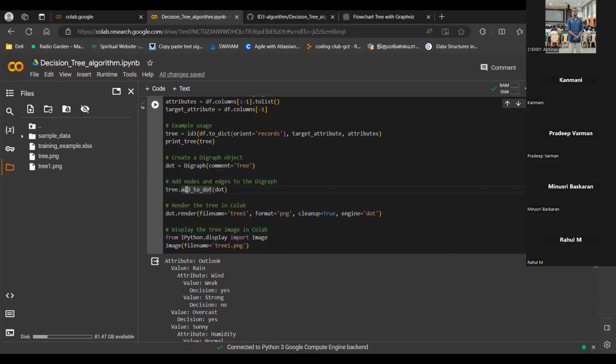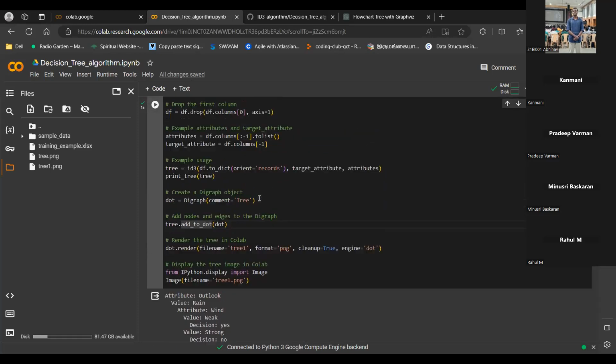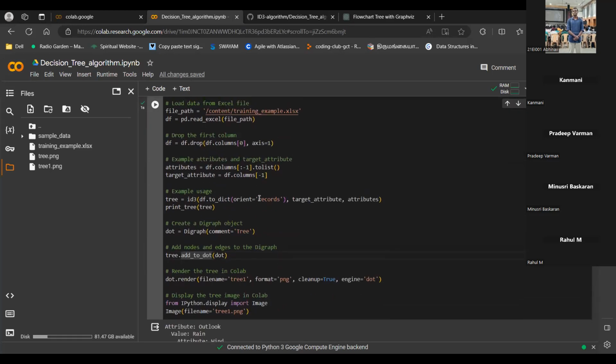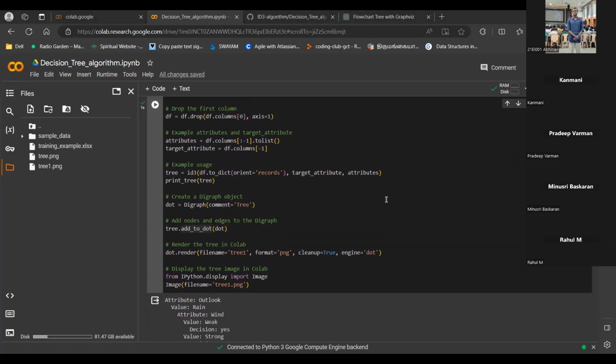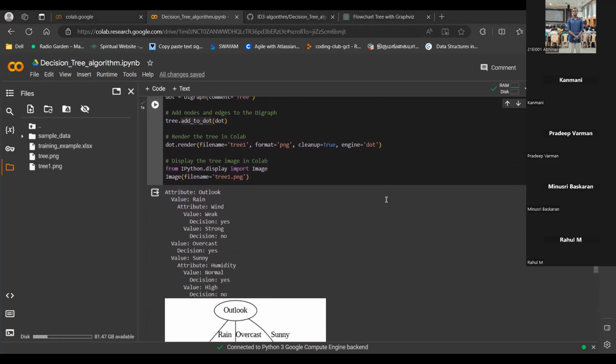A digraph from Graphviz. Okay. So can you just run this whole thing and show me? This is what you get to see at the end. Are you printing the tree structure after every stage? No, we see it at the end only.